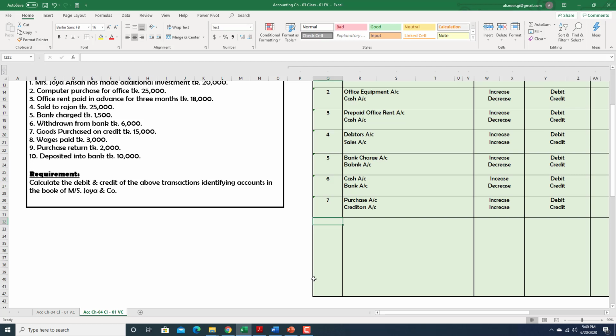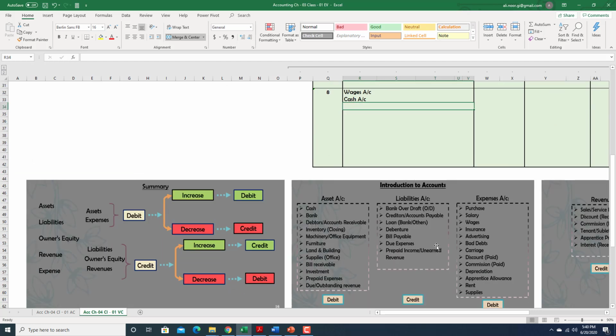The related accounts are expense, and of course the other one is cash. So number 8, we can write the name of the wages account, and the other one is cash account. You can see here, this is expense account, and then here is the wages.